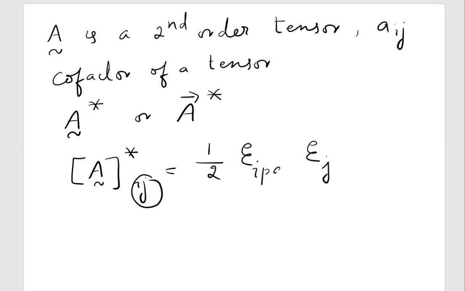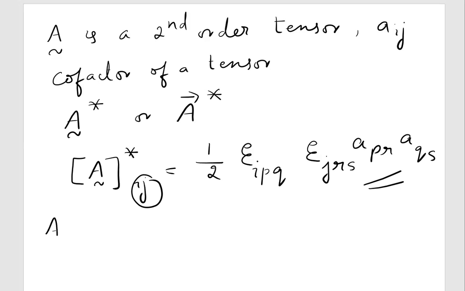Then we have p, q. Then we can choose another 2 suffixes r, s. So A p r, A q s. This is the cofactor of a tensor of second order, right?